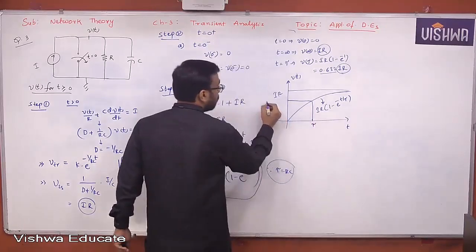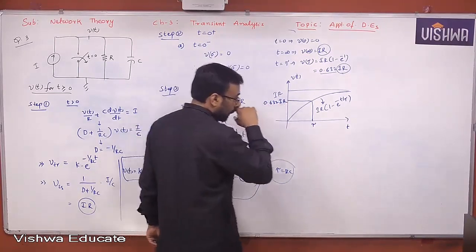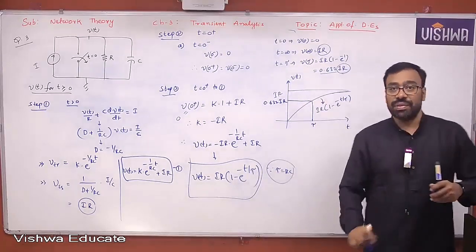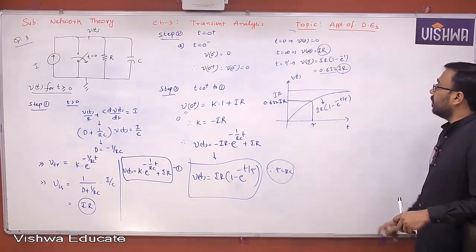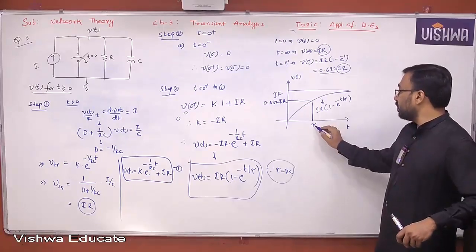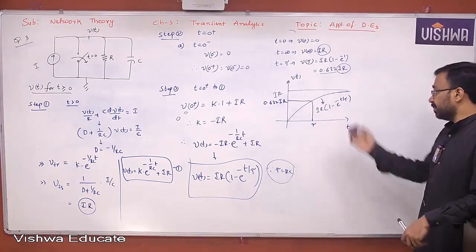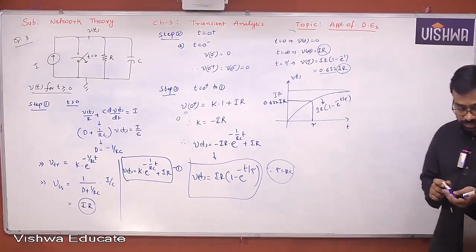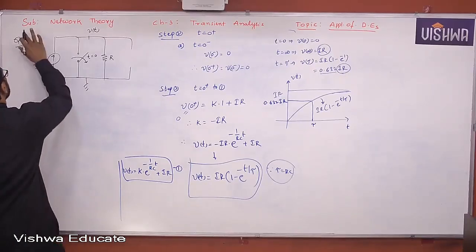This is tau. This is 0.632 times IR. This is the total response that you have achieved, and it's the time taken for the response to reach 63.2% of its final value. Note on this. Number 4, classroom workbook.